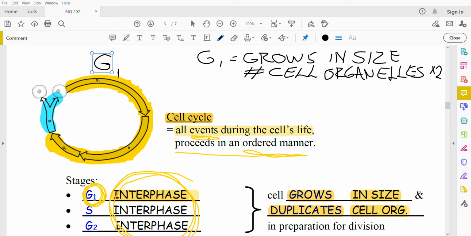So we saw that these cell organelles, when we reviewed the parts of the cell, included, for example, mitochondria, Golgi apparatus, endoplasmic reticulum, and ribosomes. There are a lot of other parts included in that. So all of those cell organelle structures inside the cell duplicate. We want to have a larger cell and we want to have more cell organelles inside it.